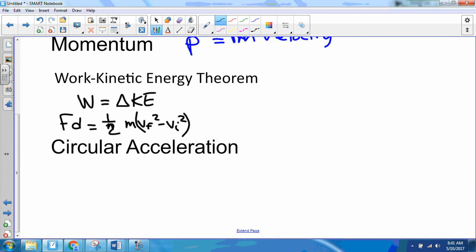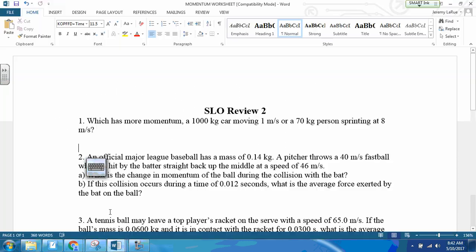Anytime I'm changing velocity, I'm changing how much energy I have. If I have a change in energy, it means I had to have done some work either on the system or the system did work on the surroundings. So that's all that is. It's not too difficult. All you have to do is calculate the change in kinetic energy. And I think one of the problems that I have is going to focus on that. I have to look at it real quick.